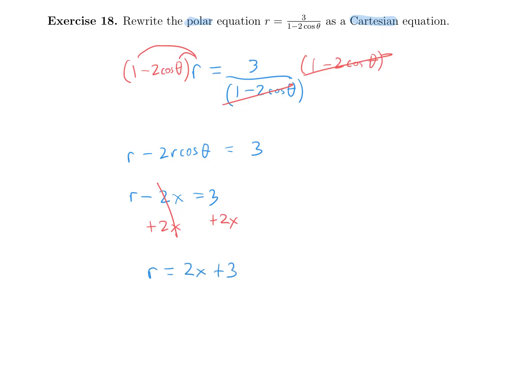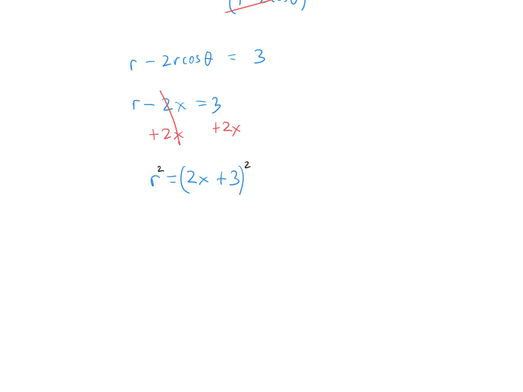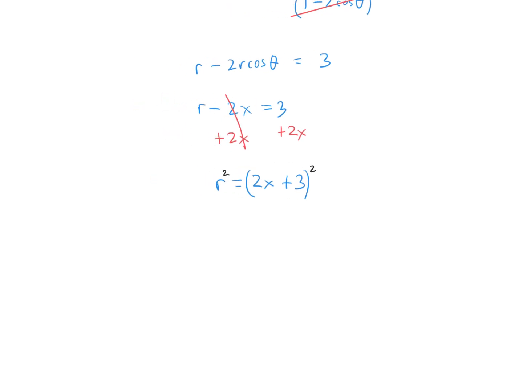And since we don't have a formula for r, but we do have a formula for r squared, the next thing we can do is square both sides. So square both sides of the equation, and that, you will see, will allow us to substitute our formula that we've been wanting to use, the Pythagorean theorem equation, r squared equals x squared plus y squared.